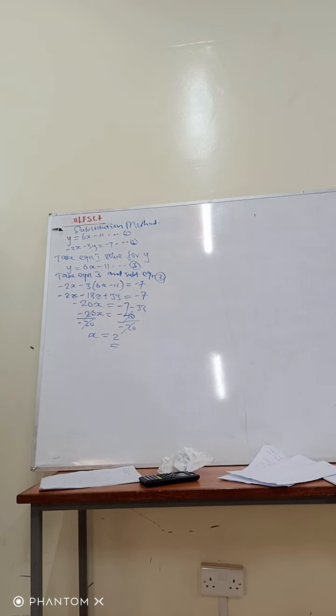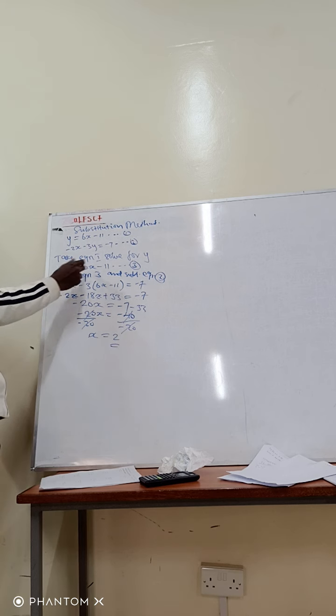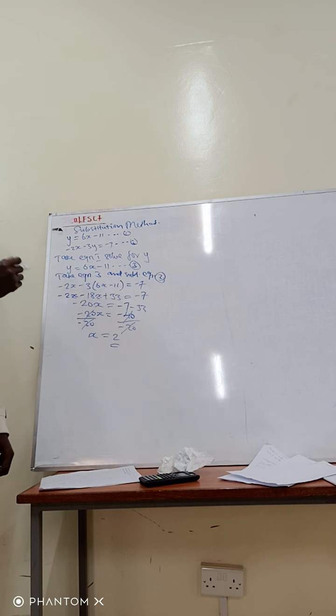I don't know if you get it, eh? Yeah, you have your clarification there. Because right now this is the value for x only. So we need now to find the value for y. Remember what we got that time is an equation, and this equation cannot be the value for y.